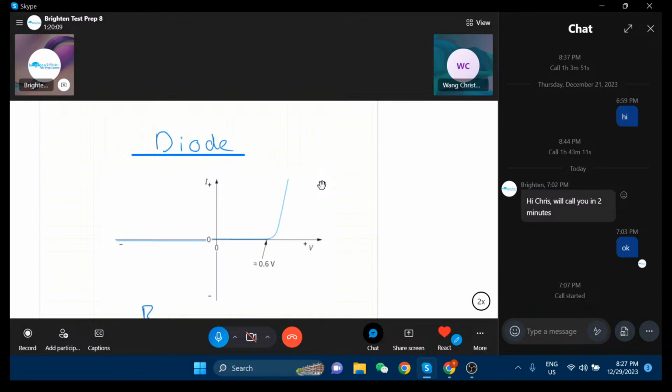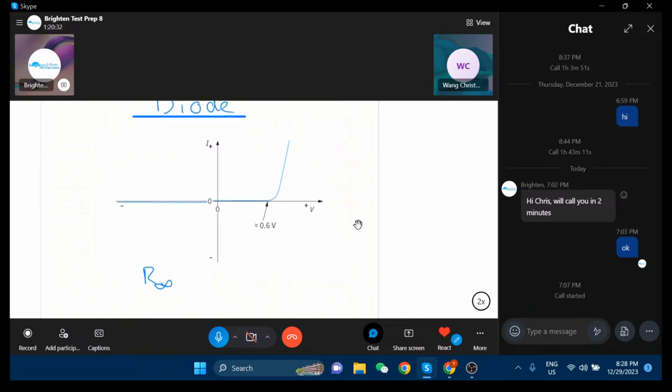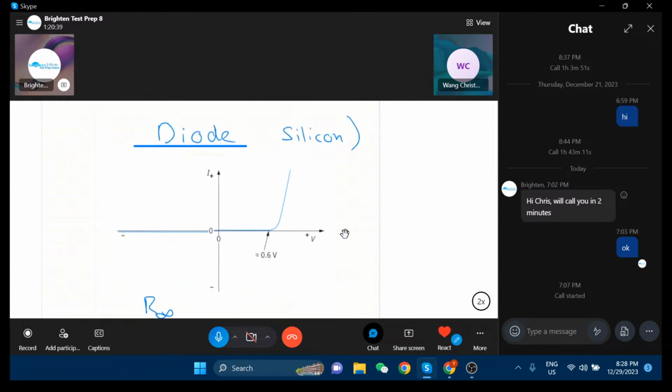So it's an infinite resistance below this one, and the reason why there is 0.6 volt is actually a key value. All the diodes basically are at 0.6, most of them, in the end. It's a very typical value. So below 0.6 volt, they don't react. And that has to do with the material. They're made of silicon.